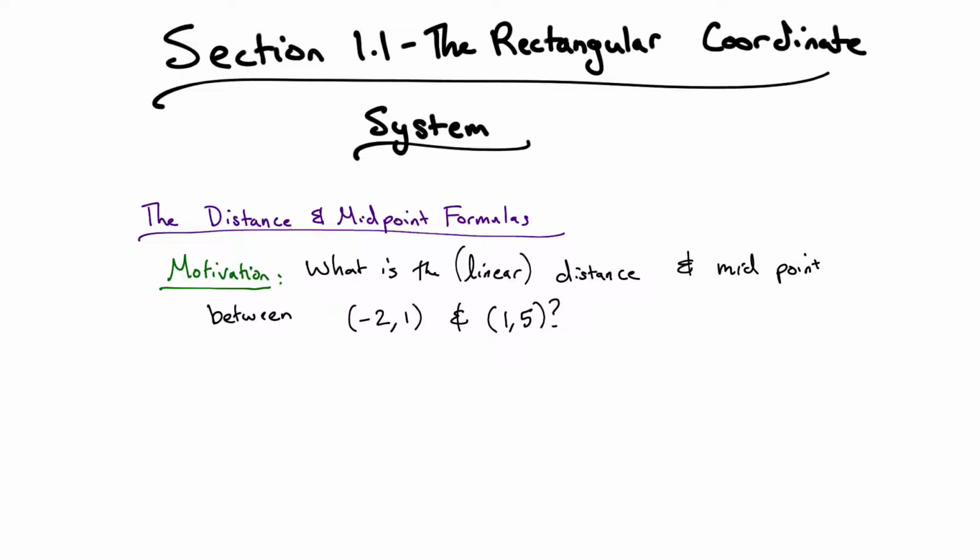Now you might think this is completely arbitrary and not useful at all, but I'll remind you that in real life, you can impose a coordinate system on your location, and you can use that to figure out distances. So naturally, this has a very important use. So let's go ahead and try and figure this out. How do we create a mathematical model to figure this out?